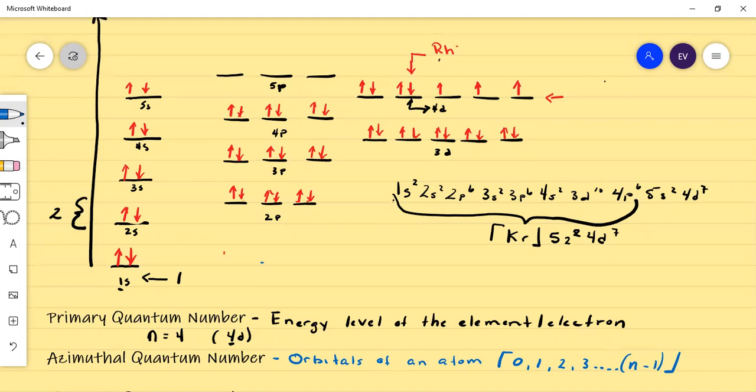So that means that for this one, if my primary quantum number is equal to 4, then the azimuthal quantum number is equal to n minus 1, which is 4 minus 1, which is 3.